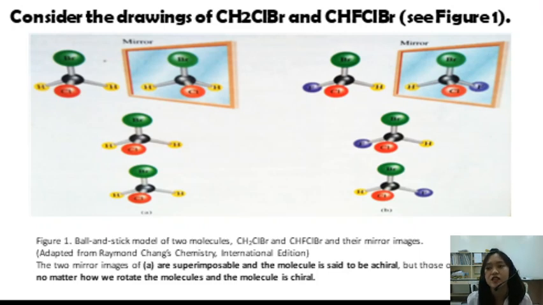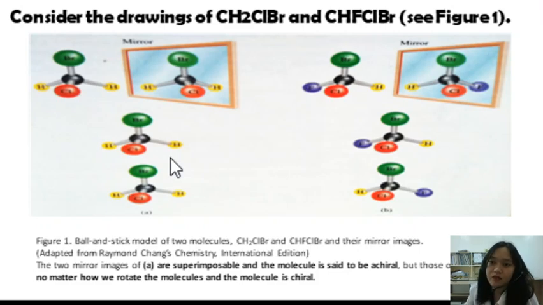Okay. So, consider the drawing of CH2ClBr and CHFClBr. So, dito, you have a mirror on this side and another mirror on this side. Okay, so the ball and stick model of the two molecules, CH2ClBr and CHFClBr, and their mirror images. Okay. So, ito ang mirror image ng iyong CH2ClBr. Okay. So, when you place both on top of each other, do they coincide with each other or not?